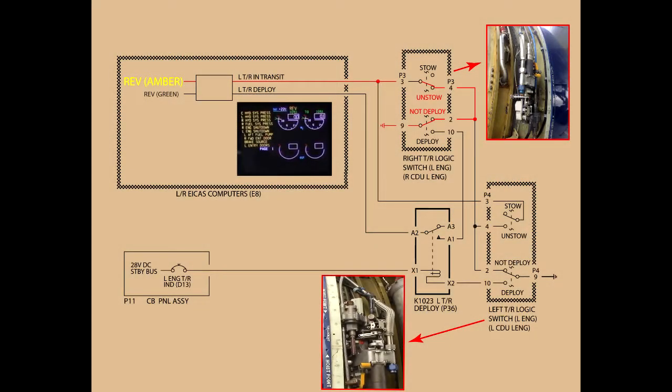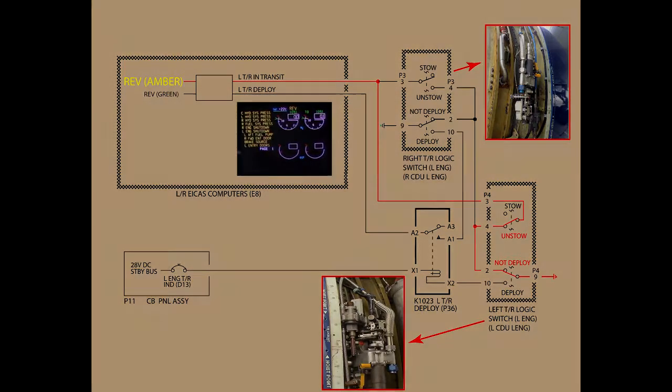Here are the conditions that will turn on a yellow or amber light on our ICAS display. If either the left or right position switch modules show an unstowed or not deployed position, this will allow a ground to the ICAS computer to display the amber REV reverser light on.